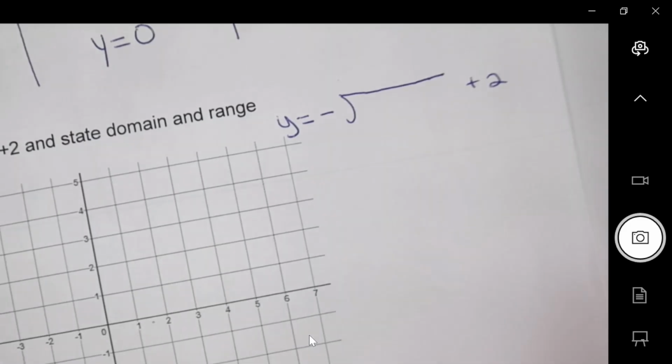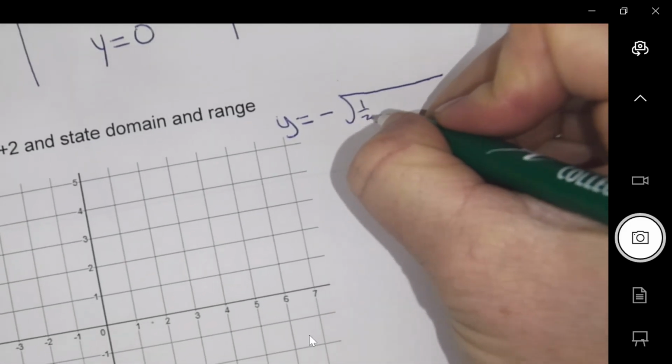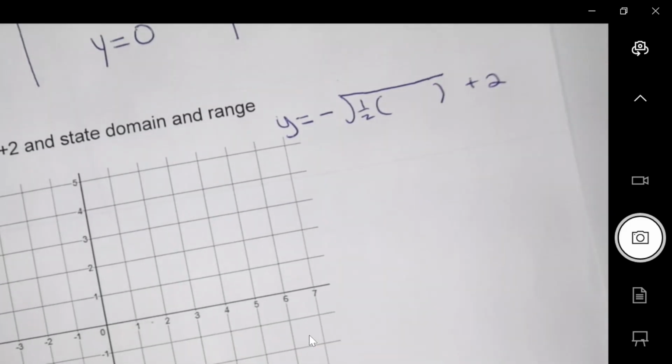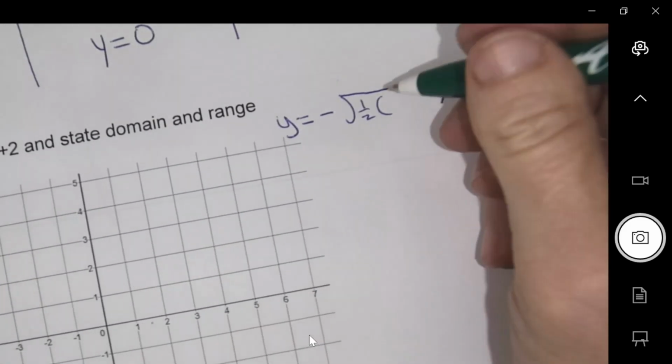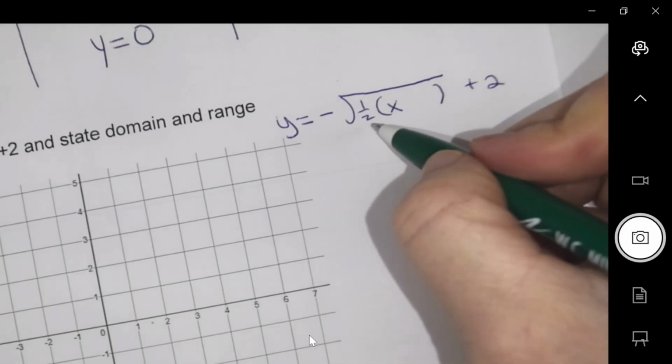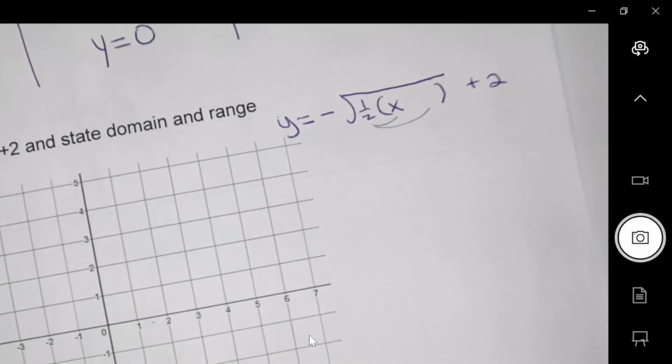Did you catch it? So 1/2 should be outside of brackets. What else do I need in there now? I'll give you multiple choice. Should I put a 2 there or an 8 there?